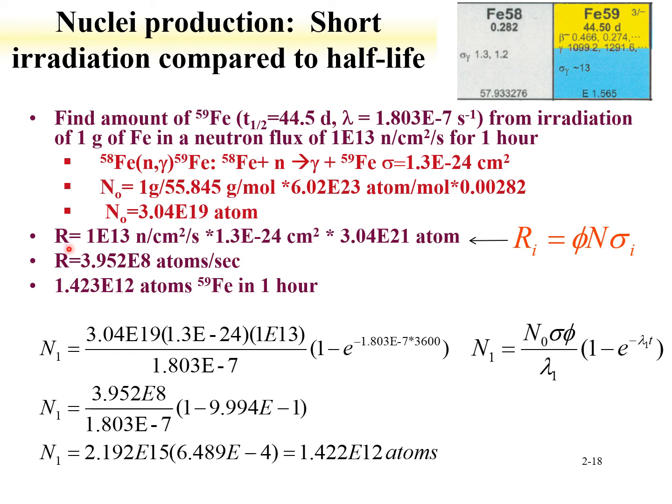I get a rate of 3.95 times 10 to the 8th atoms per second. I say I want this irradiation for an hour. There's 3,600 seconds in an hour. So from this, I get 1.4 times 10 to the 12th atoms of iron 59 made in 1 hour.